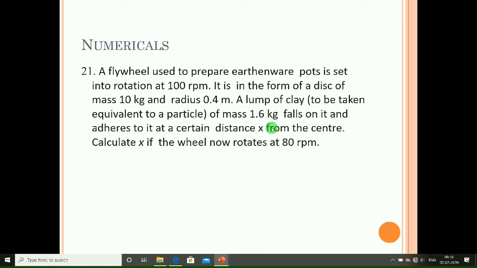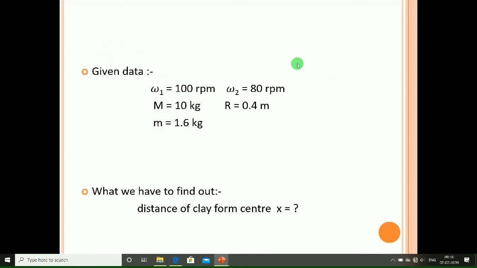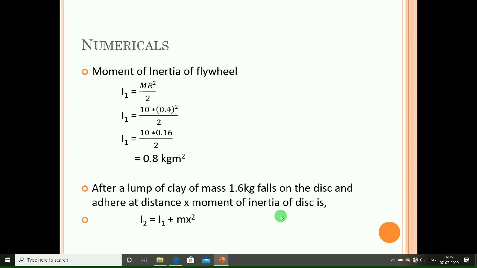Because of that clay, the rotation is now reduced to 80 rpm. Okay, so what is given? Initial angular velocity 100 rpm, final angular velocity with the clay will be 80 rpm. Mass of disc is 10 kg, radius of disc is 0.4 meter and mass of clay is 1.6 kg. What is asked to determine here? The distance of the clay from the axis of rotation, and that is taken as x here.